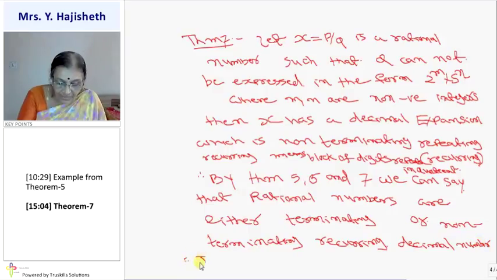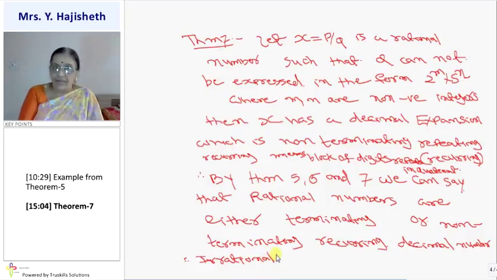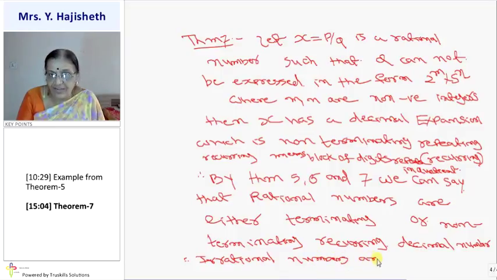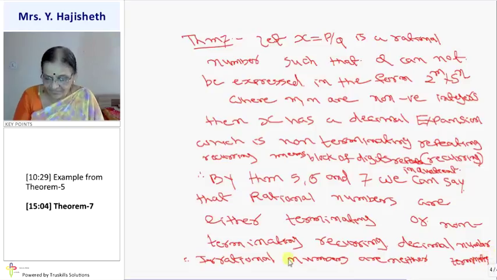Matlab there are two types of number, rational and irrational. Rational numbers are either terminating or recurring, matlab irrational numbers are neither terminating nor recurring.